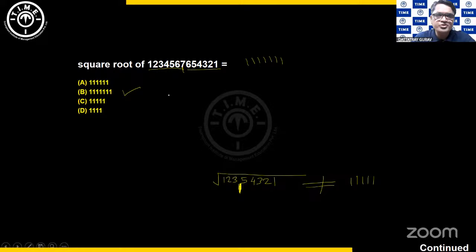All numbers should be consecutive numbers, very important. And after the middle term, they start decreasing. Maybe I can say it is like a mirror image. From here, if you look, this is 6, 6, then this is 5, 5. It's like a palindrome too. All consecutive numbers should be there, then only the rule can be applied. So just check the middle digit. What is the middle digit? 7. So the answer should be 7 times singles. So option B is the answer.